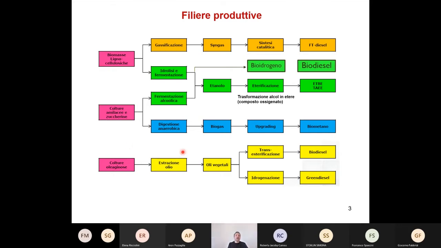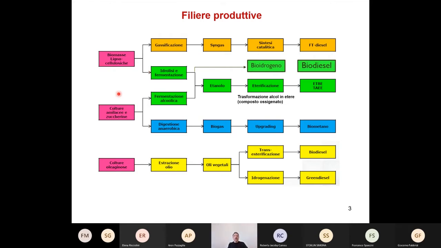If we move towards second generation biofuels, it means, in general, not always, but in general, that you are moving towards lignocellulosic biomass, similar to wood, where lignin and cellulose are the main parts of the biomass.